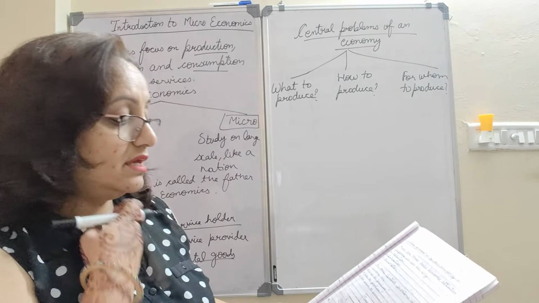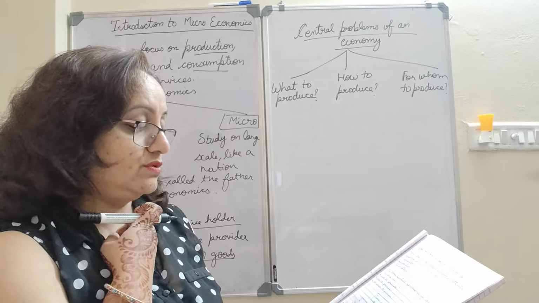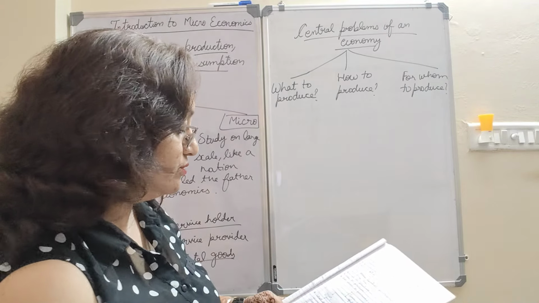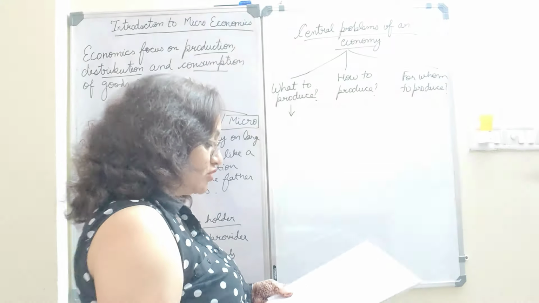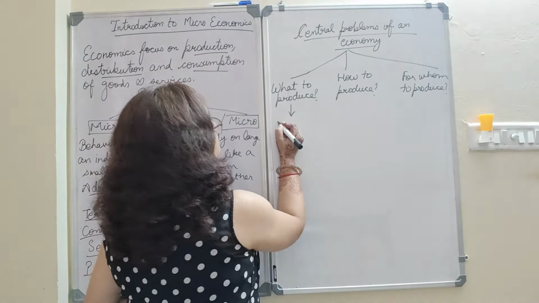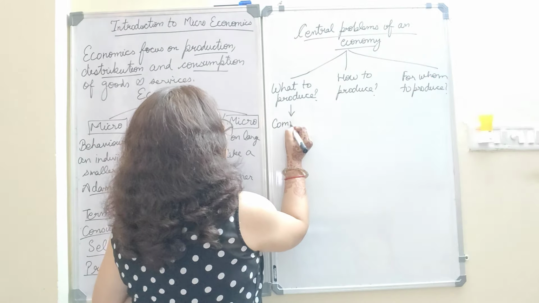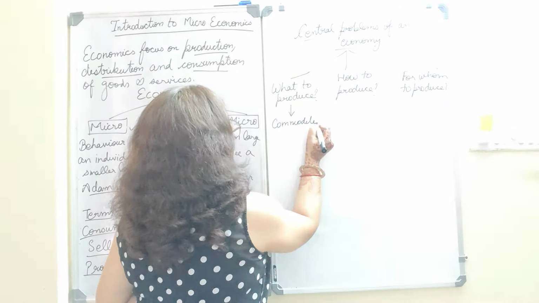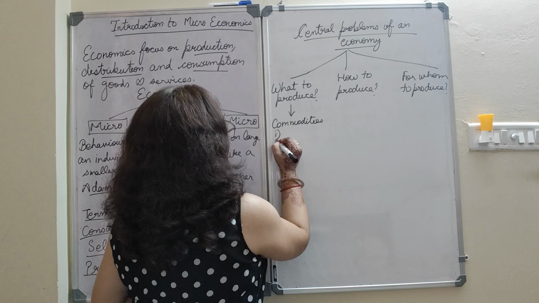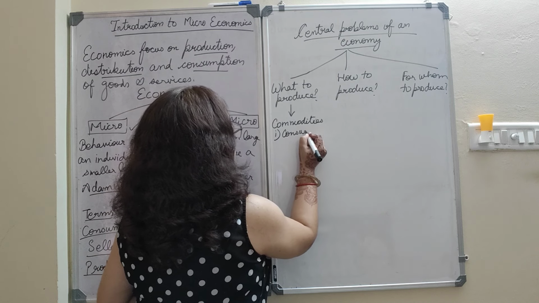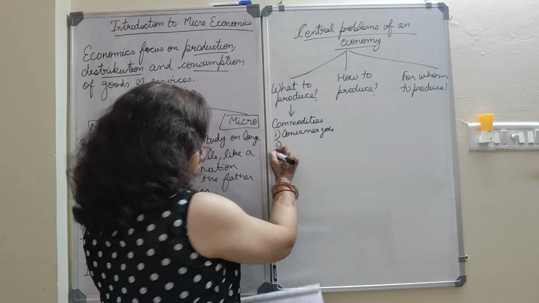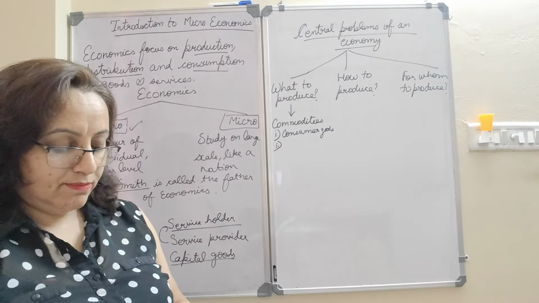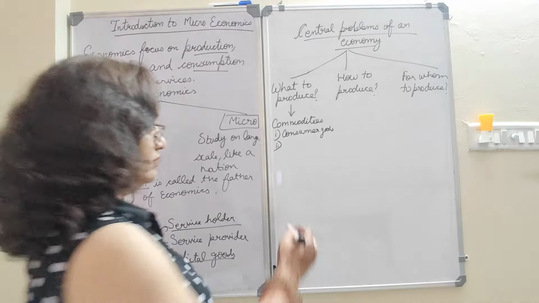Now first we think about what to produce. So what to produce has two aspects, one of which is what possible commodities to produce. It can be consumer goods, means the goods which are directly consumed by people, or it can be a capital good or a war good, right?